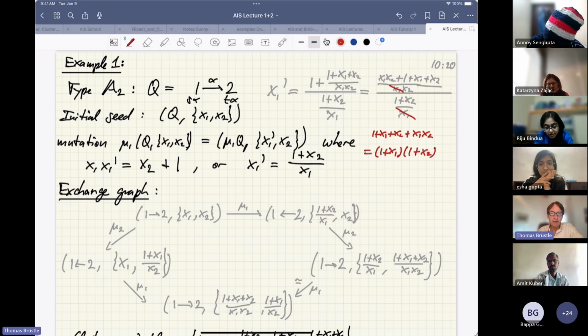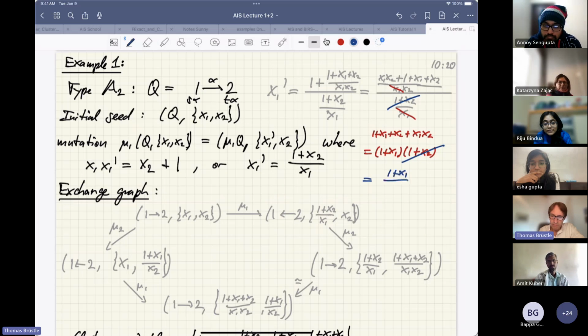Good, thank you. So I do in the numerator see a factor 1 plus x2, which I can cancel with the 1 plus x2 down here, right? So the final result will be 1 plus x1 divided by the x2 which I have here.